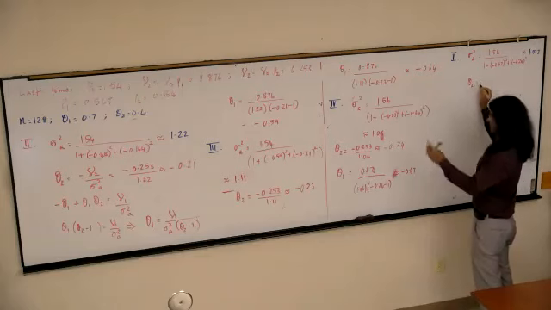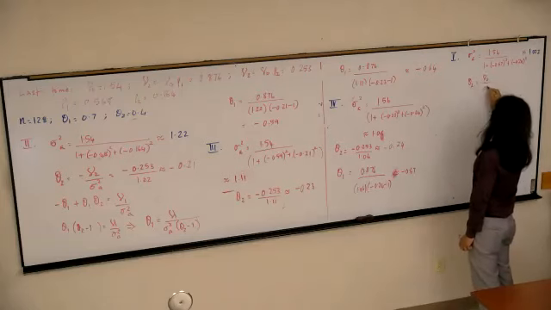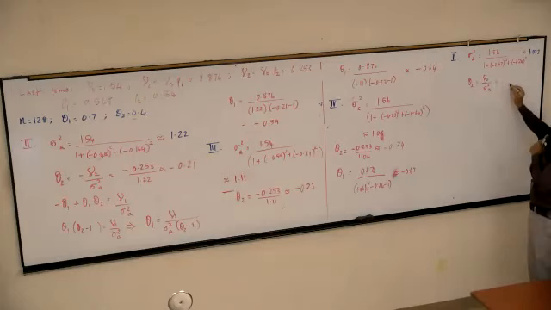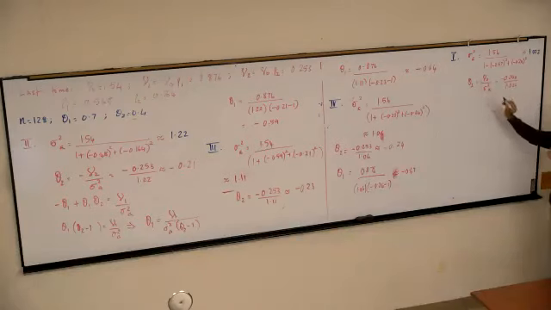Theta 2 is negative gamma 2 over sigma squared A, so 0.253 divided by 1.022. Negative 0.25. One more decimal: negative 0.248.